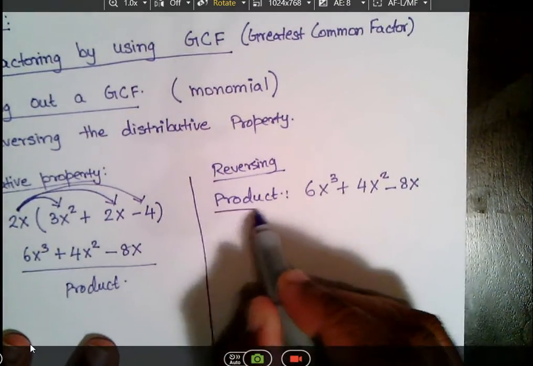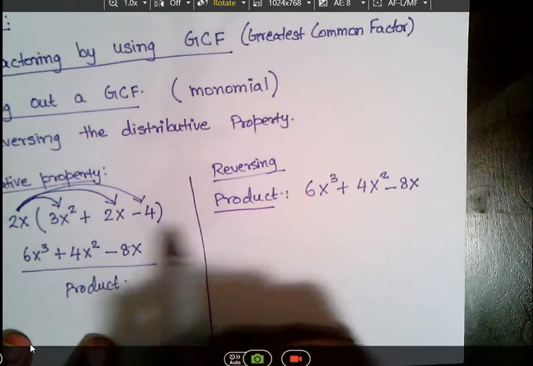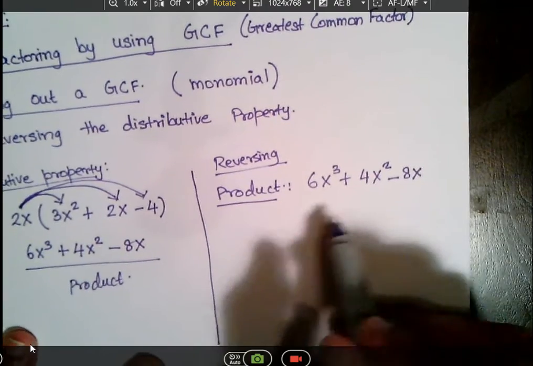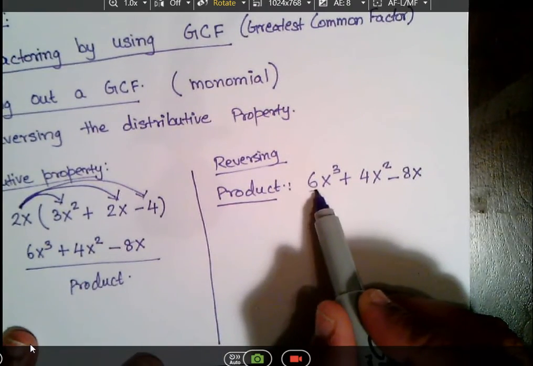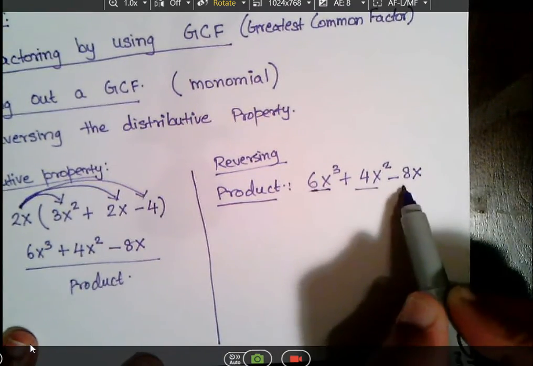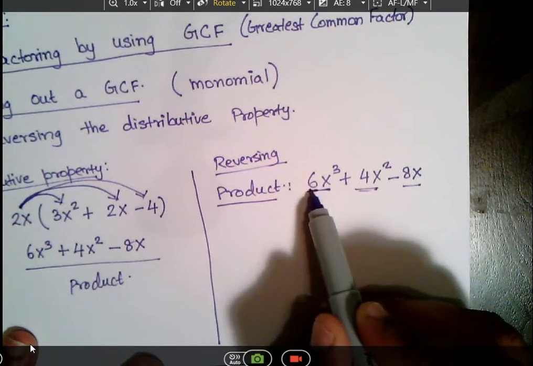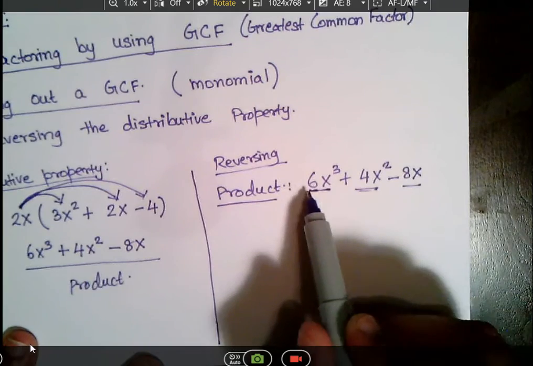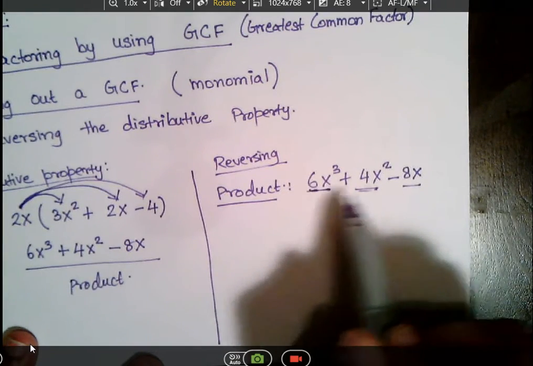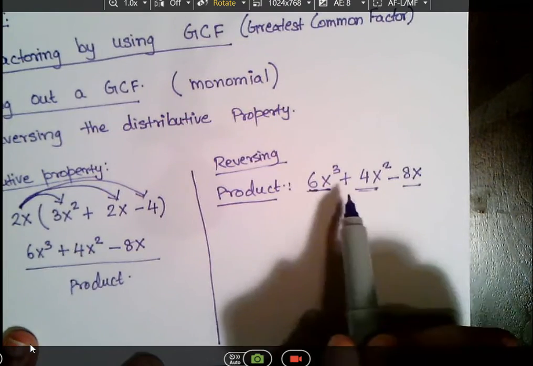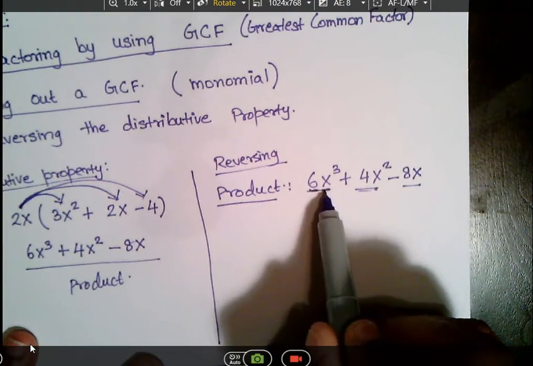So when I reverse this distributive property, I want to pull out a greatest common factor between these three terms. In these three terms, I have coefficients and I have variables also. So I need to pull out a greatest common factor between the numbers and also the greatest common factor between the variables.